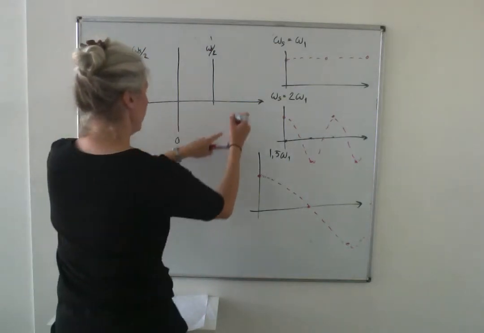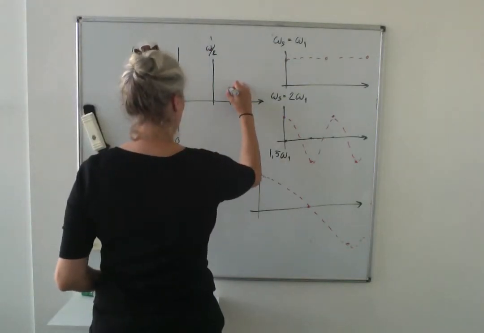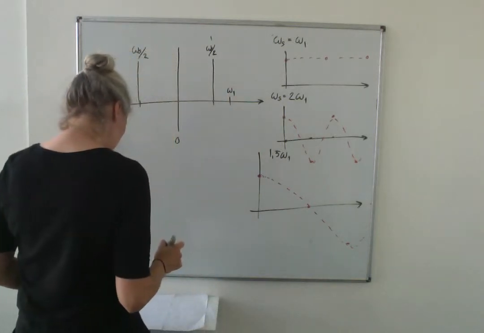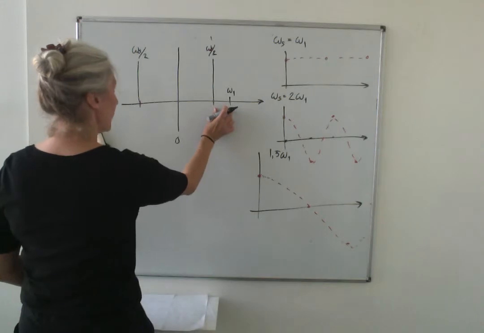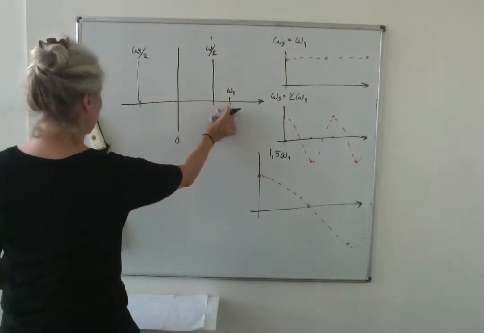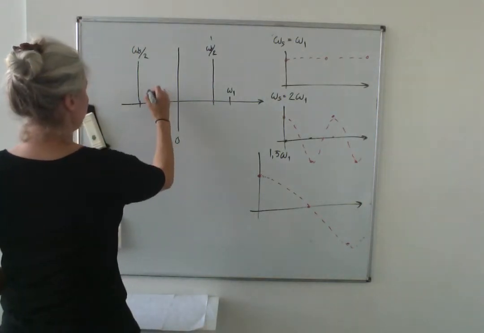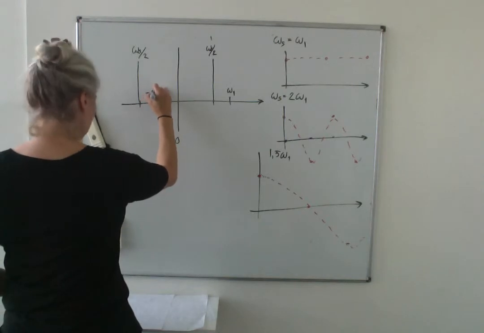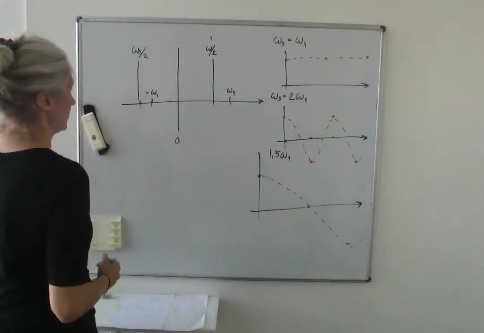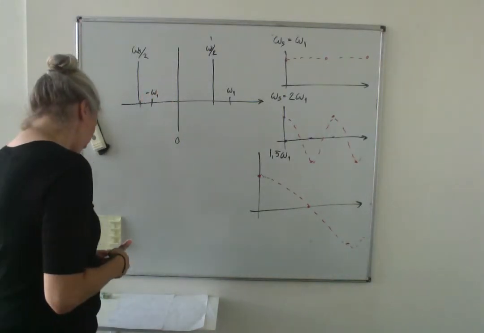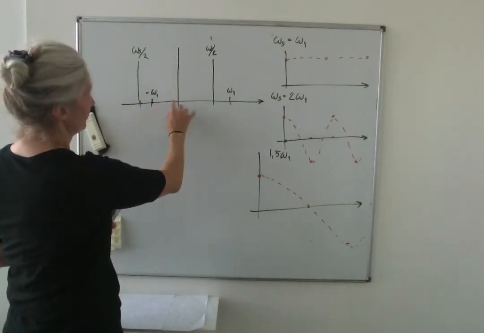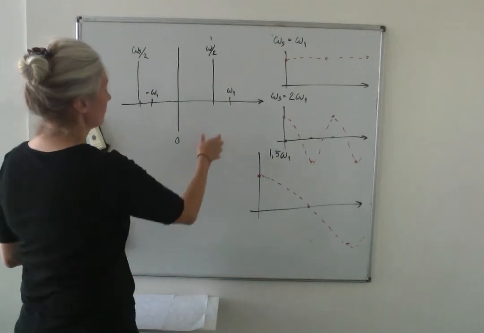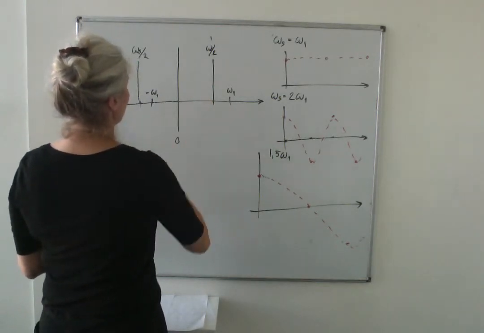If omega 1 is higher than half the sampling rate, we will observe it as a negative version like that, but at a lower frequency. And in fact, what is happening here is that it's going to be folded over.